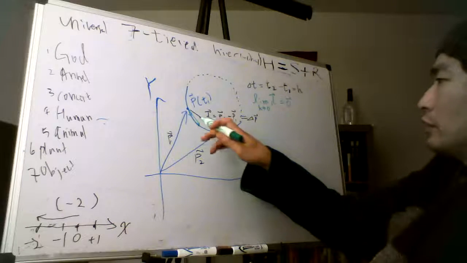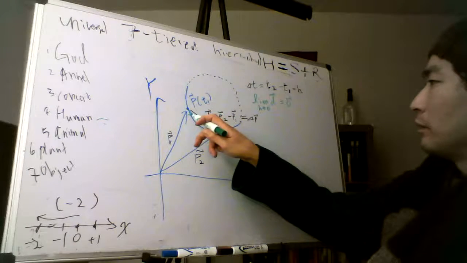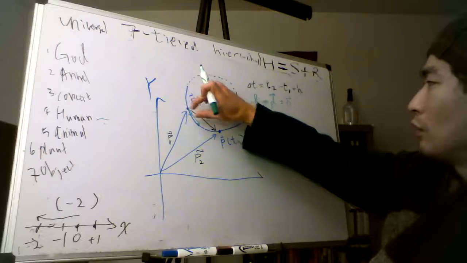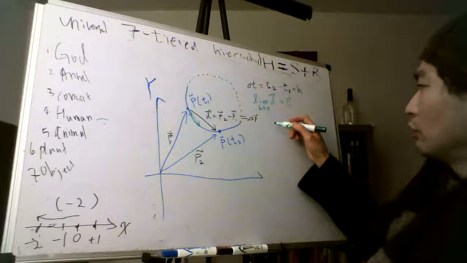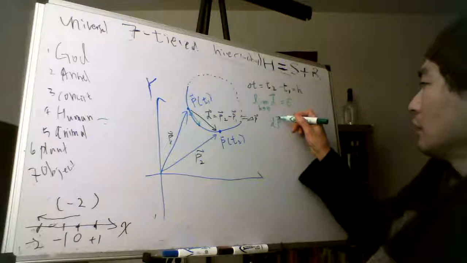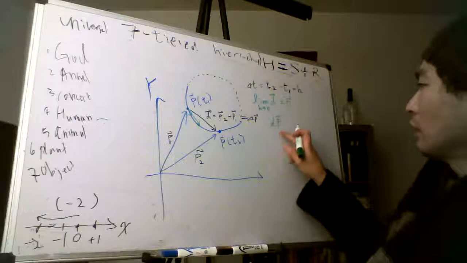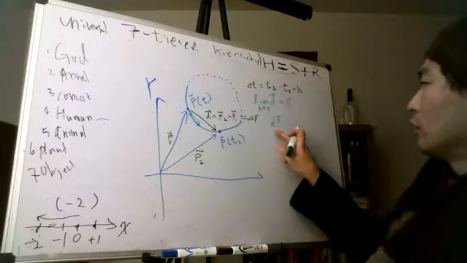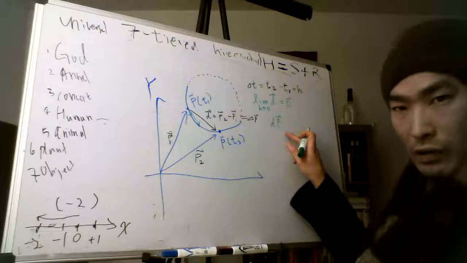So let's think about when this h, delta t, the time difference, is very small, okay. Typically you write this as dp, when h is very small. It's called a differential, all right.